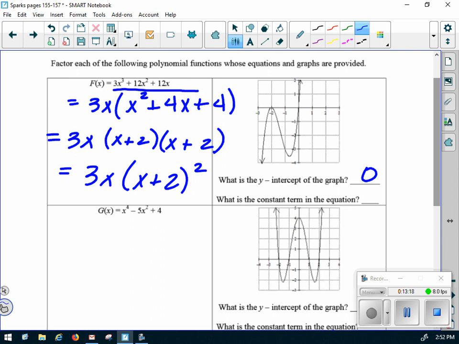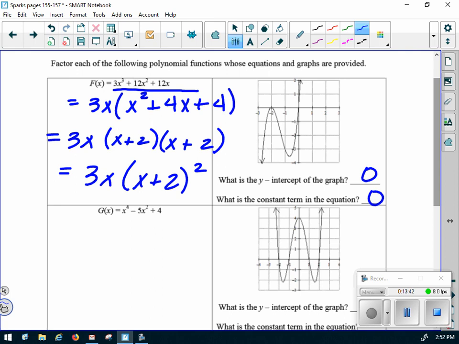So what is it? 0. Oh, wait a minute. The constant term is the y-intercept. Oh my gosh. You remember that? You did that back in Algebra 2. I promise you did. I know because we're doing it in Algebra 2.